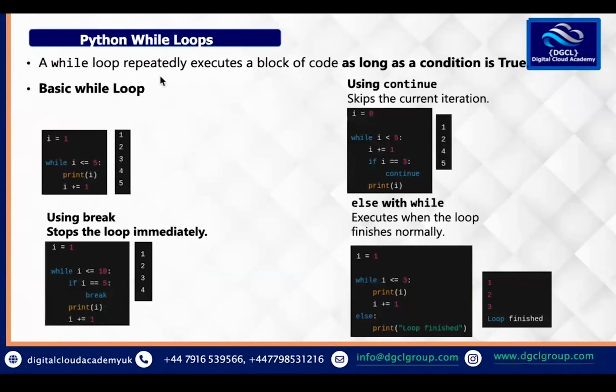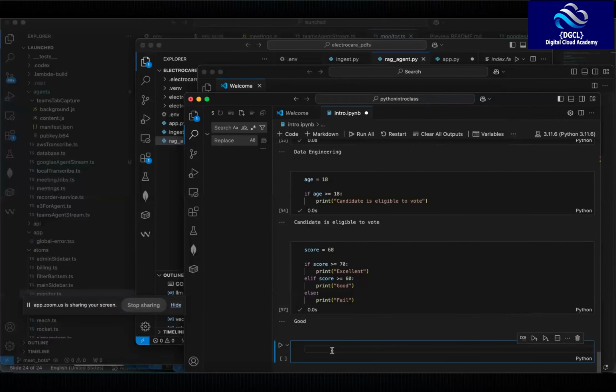So this is loops. We have for loop and we have while loop. So let me show you how loops actually work. Let's give an example here in VS Code. So let's just say X equals 3. So let's introduce our while loop.